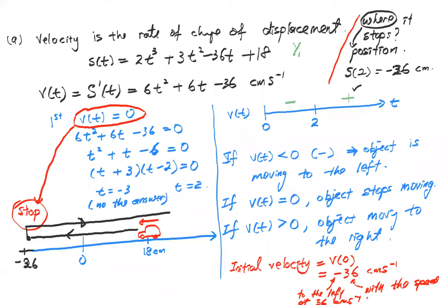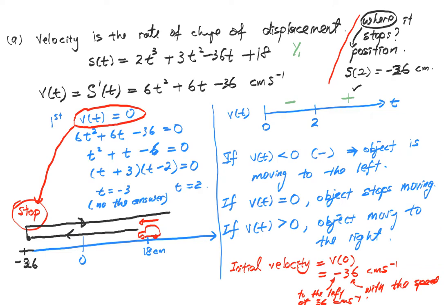How do I know it will change direction? If I look at the sign on the sign diagram of v-t. Any issue before I go further? So I try to give you all the understanding of how to interpret the sign diagram first. Got it? Done.